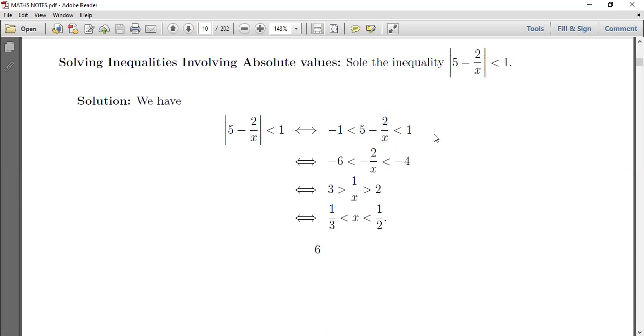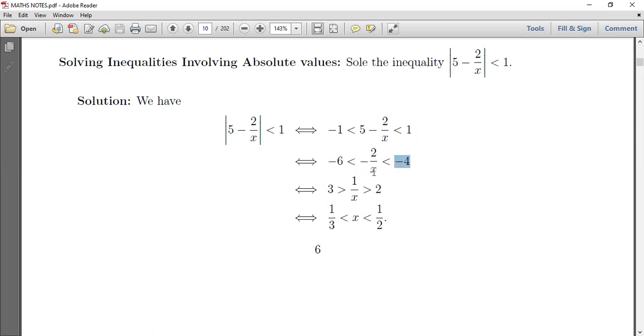Alternatively, you can solve these two inequalities at once, like what we are doing here. Subtract 5 both sides, then this 5 disappears. If I subtract 5 here, I get minus 6. If I subtract 5 here, I get minus 4.